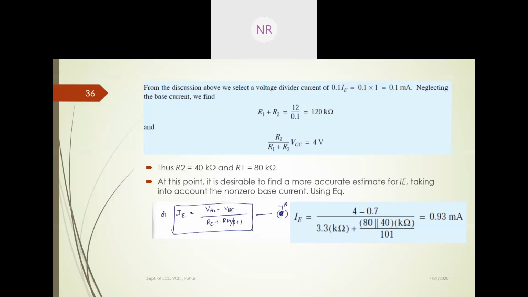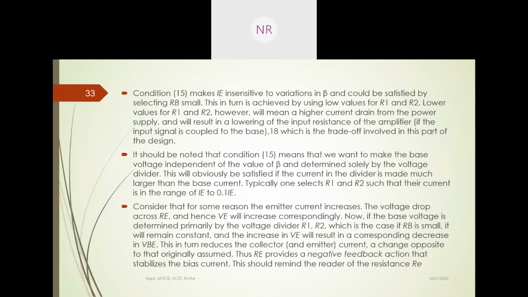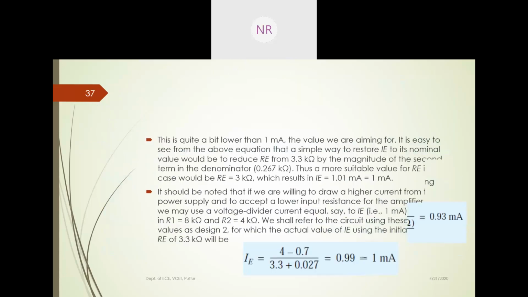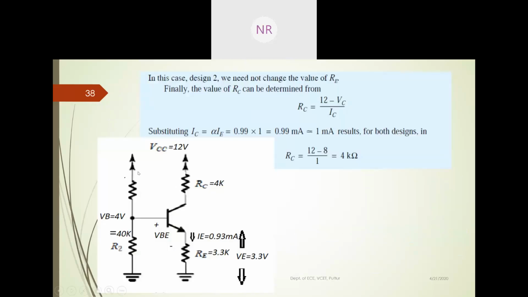So neglecting the base current, we are now calculating the resistor values R1 and R2. How to calculate that? Whatever current is flowing here, we calculate it now. R1 plus R2 into the voltage divider current I, which is 0.1 IE.